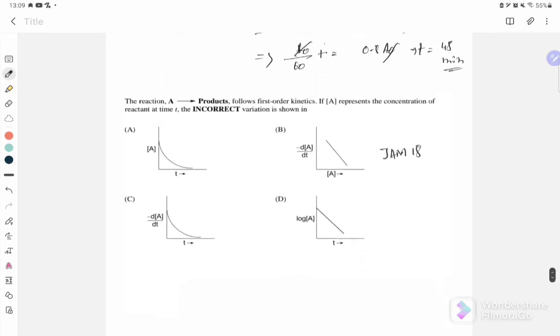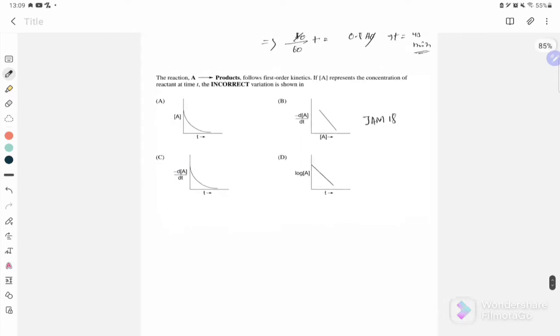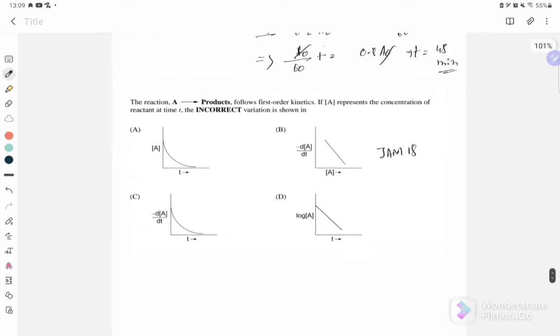So our next and last question, today's last question. The reaction is A going to product, and it is first order kinetics, and if A represents the concentration of reactant at time t, what is the incorrect variation, not the correct, the incorrect variation.